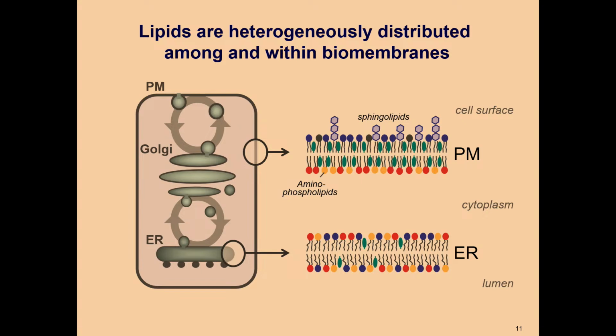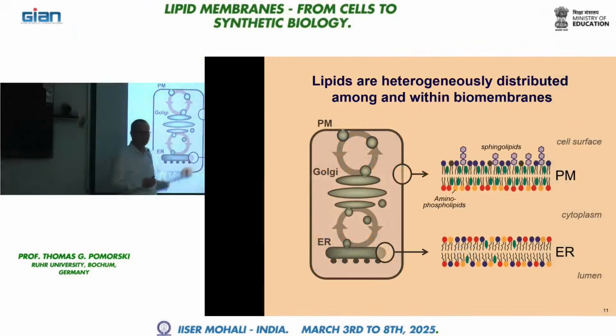I don't know whether you can already guess. In nature there is always a reason why this is like this. Maybe you already have a guess. Do you remember what the particular property of steroids would be? If you add steroids to a membrane, what properties would change? Fluidity would change, right?